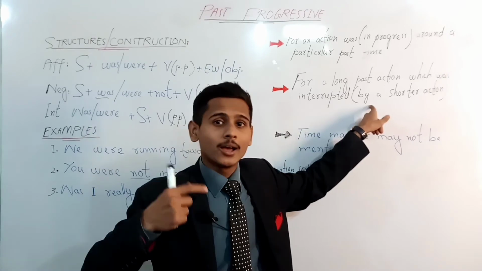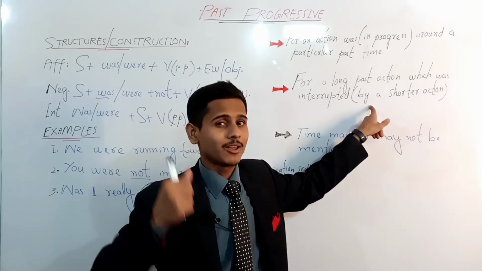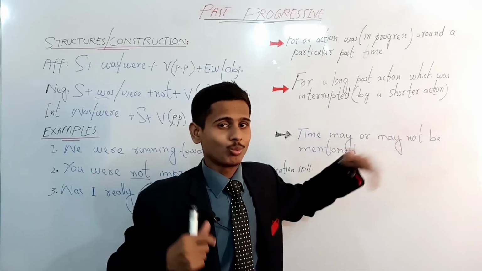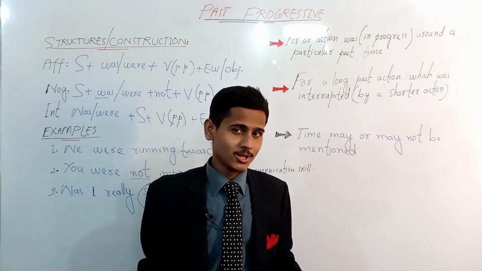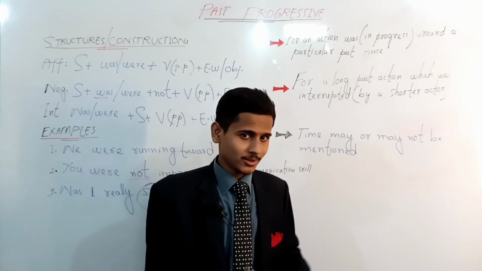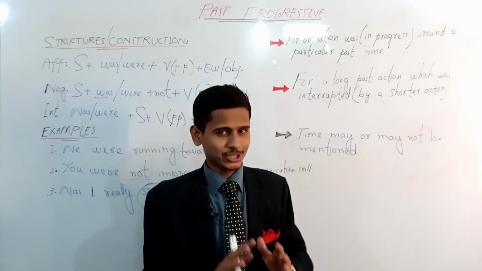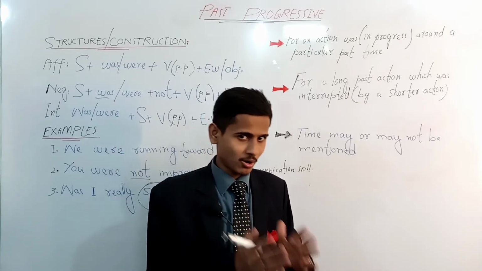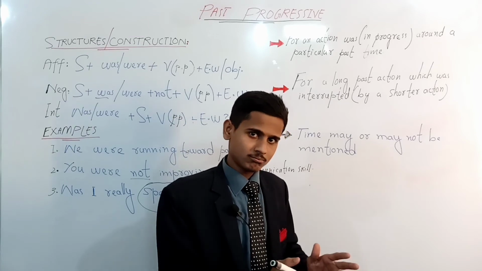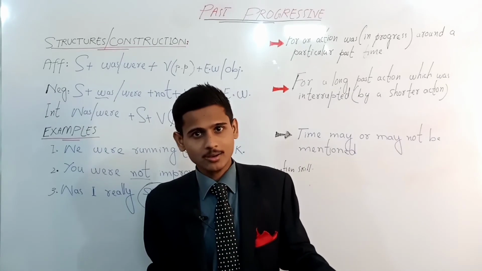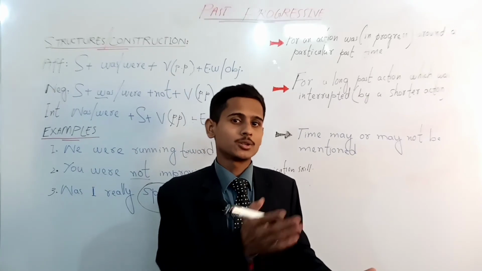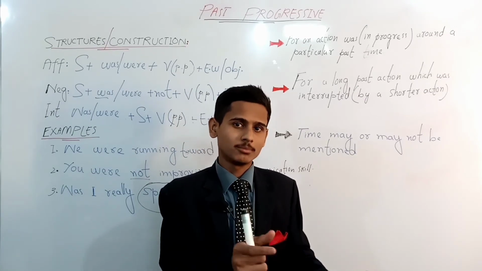So in the same example, my mother was teaching my youngest brother when I entered the home. When I entered the home is the shorter action, which started and finished. Getting my point? But the second one is the longer, my youngest brother being taught.